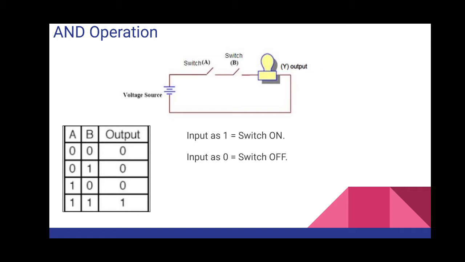And there are 2 switches. These switches will act as our input, and this bulb, whether it will glow or not, that will be our output. So depending on the input condition, we will see how the bulb glows or does not glow, right?